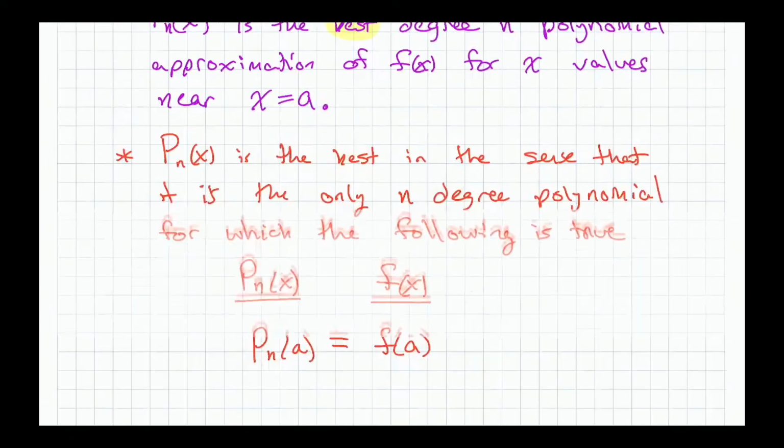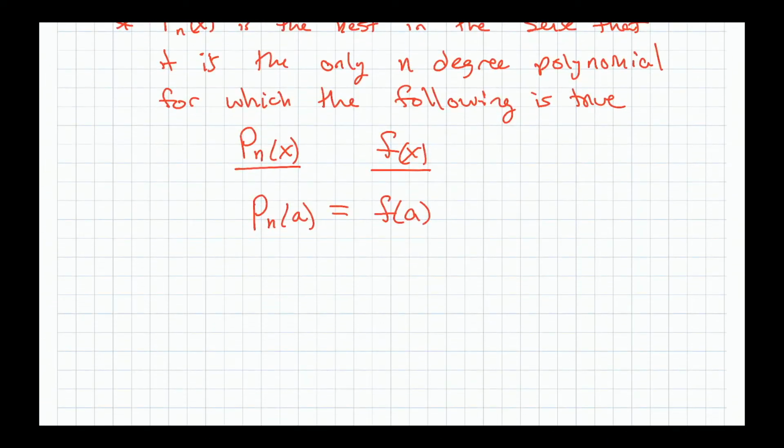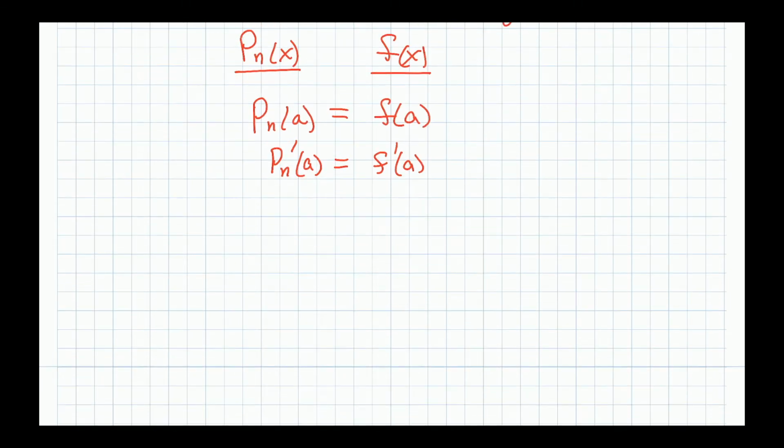But that's the next thing that happens, is that Pn prime of A, that's the slope, is actually equal to f prime A. All right? Now that's all that you have if you're looking at the linearization, but we're not looking at the linearization, right? We're looking at degree n.